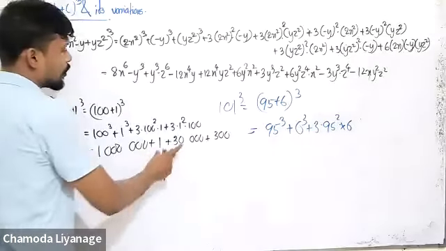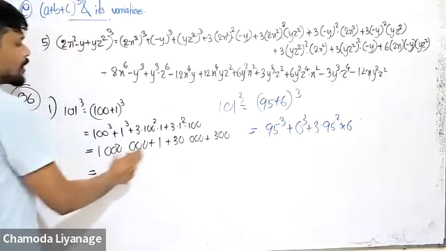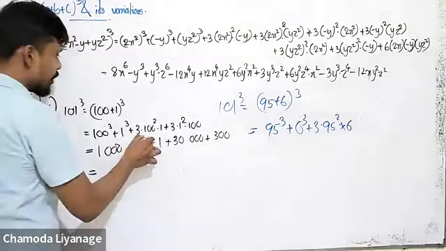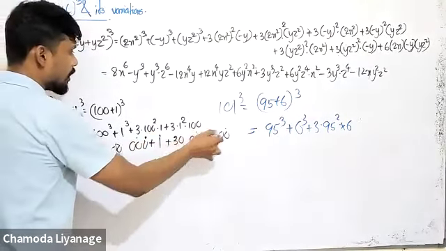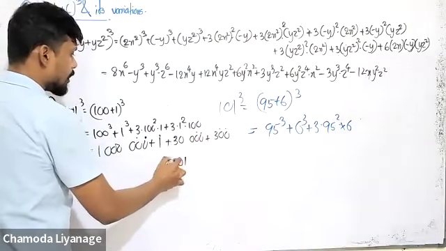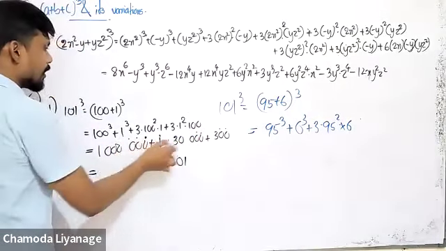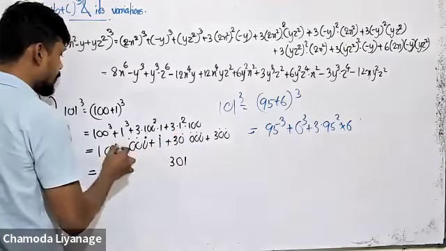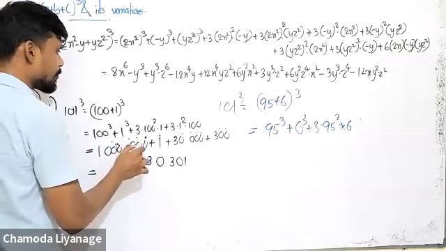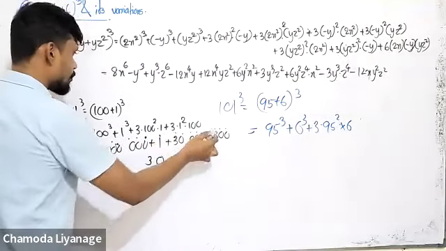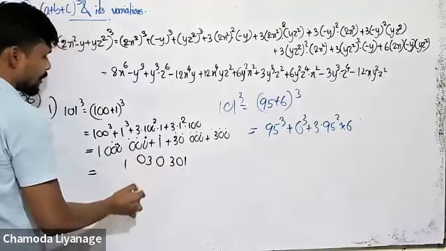And now what we have to do? We have to add all the terms. Here 1 is there, and here 0. And this position there is a 3. After that, here it is 0, and this one is 3. 0, 1.